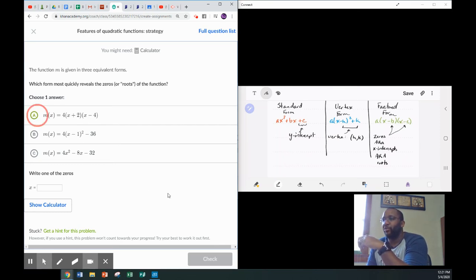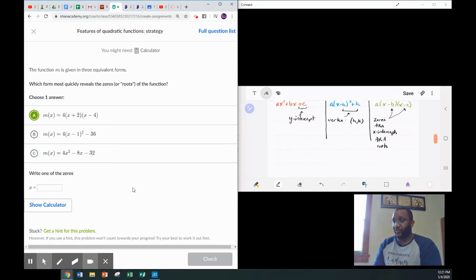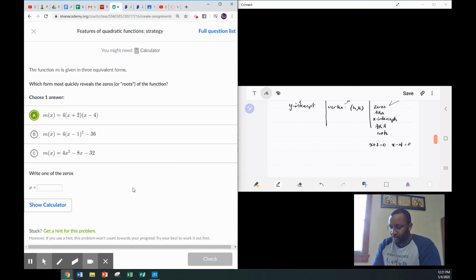Now, if you remember factoring, if you wanted to find out what the x-intercepts were, you'd say, all right, well, x plus 2 equals 0, and x minus 4 equals 0. And by the time you're done with that, you end up getting that x equals -2 and x equals a positive 4, right?